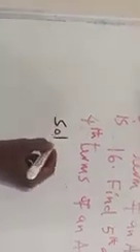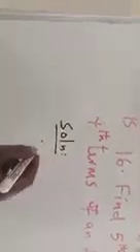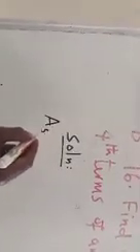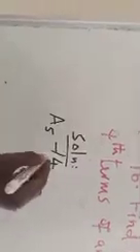So we are told that the difference between the fifth term, A5, minus the fourth term, which is A4, is 6.